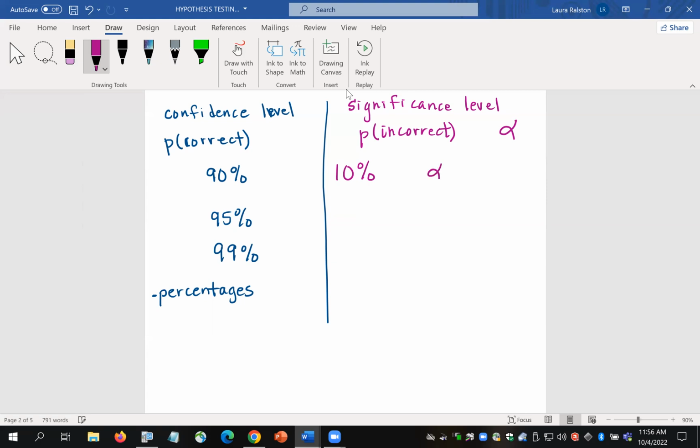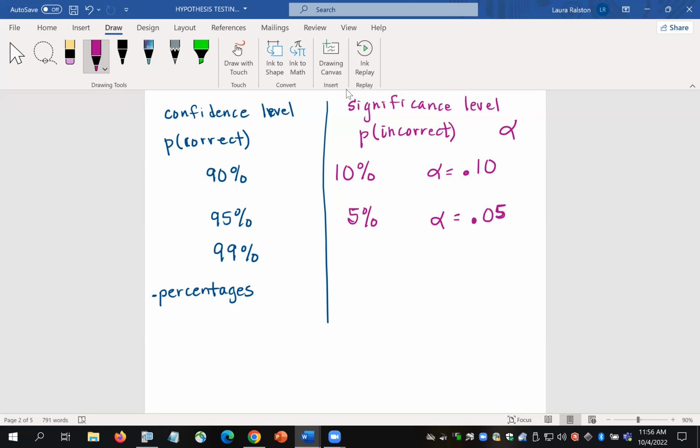But typically with significance level, you see them written as a decimal. So 10% would be 0.10. If I am 95% confident that I'm correct, there is a 5% significance level that I am incorrect, and as a decimal, that is 0.05.